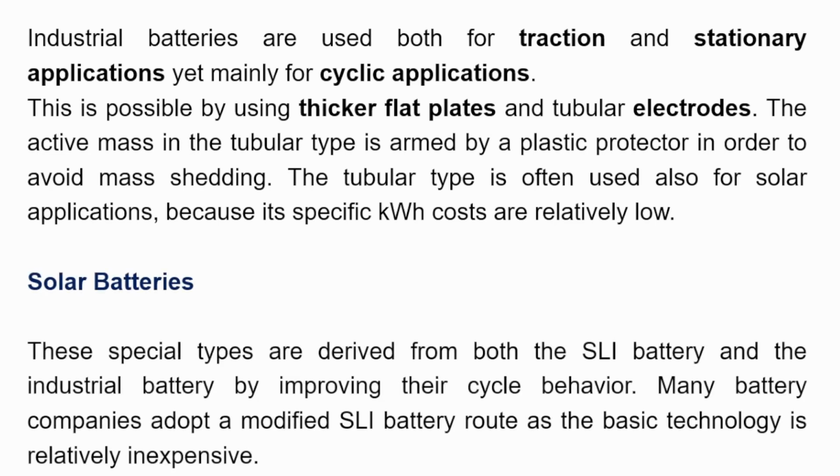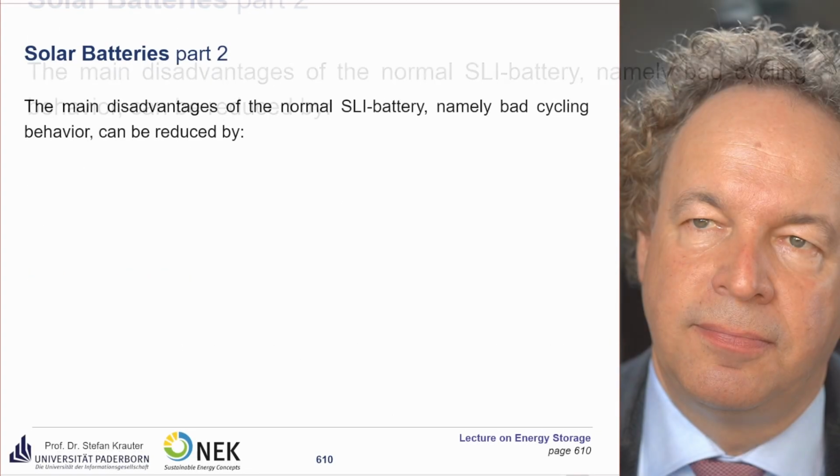Specific solar batteries. These special batteries are derived from the SLI batteries and the industrial batteries by improving their cycle behavior. Many battery companies adopt modified SLI batteries as their basic technology and it is therefore relatively inexpensive.